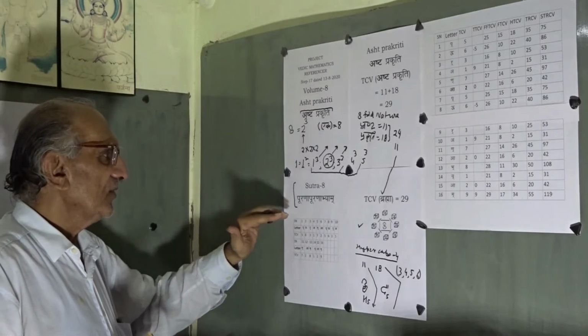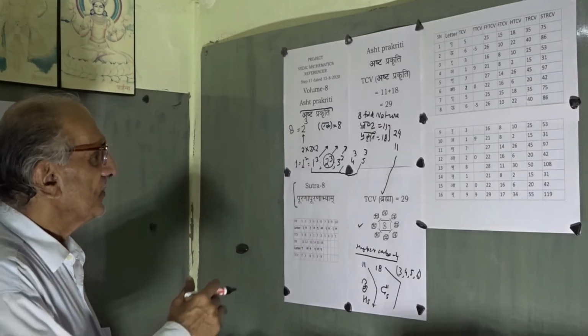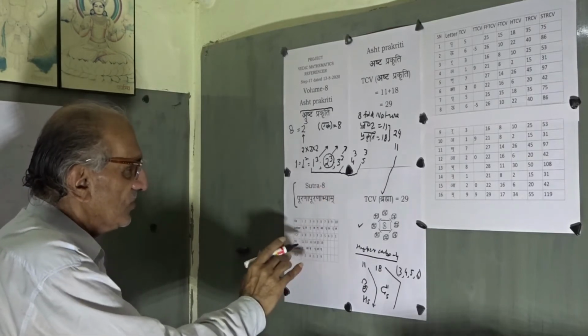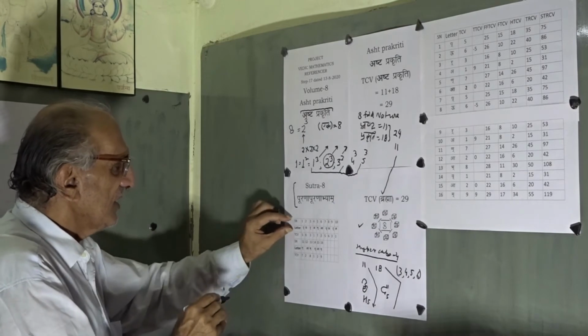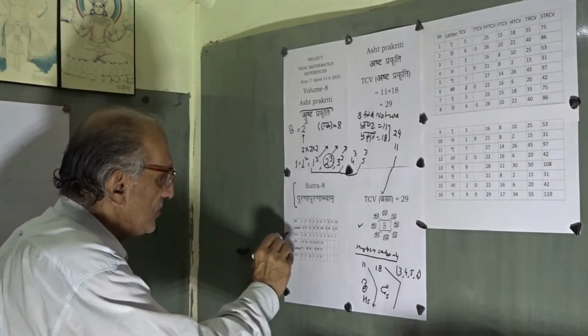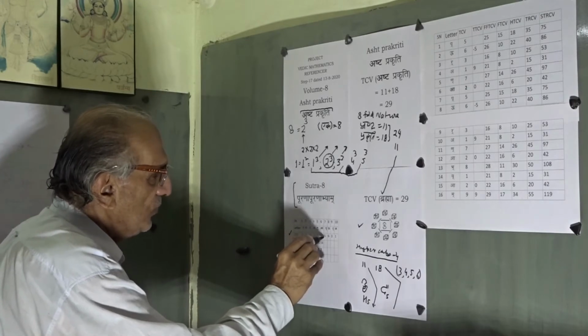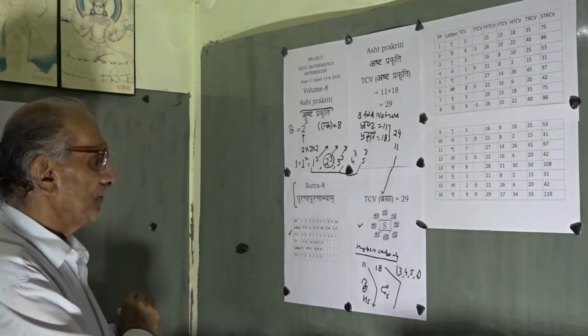Let us visit the text of Sutra 8. Text of Sutra 8 is a text of 16 letters, and these 16 letters are leading us to TCV values 5631, 72, 5631, 728129.